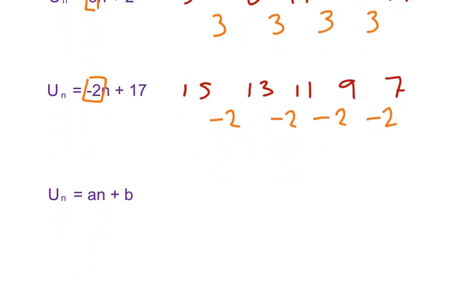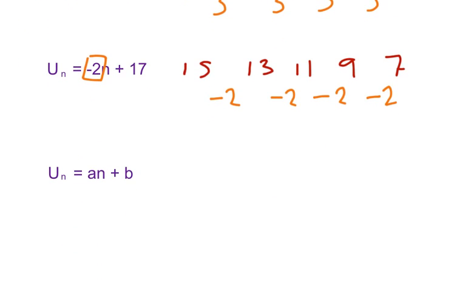If we look at this in a bit more generality, then we can look at what we get when we have un equals an plus b. So we had our values for n across the top. I'll just write those in again because we've lost them off the top of the board. 1, 2, 3, 4, and 5. When n is 1, we get a plus b.